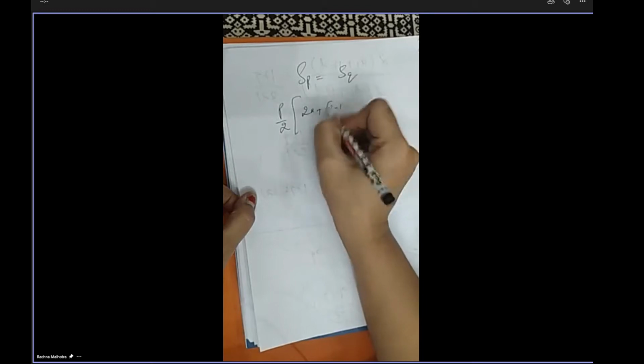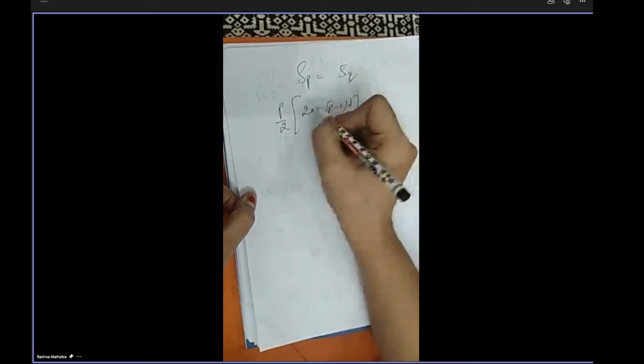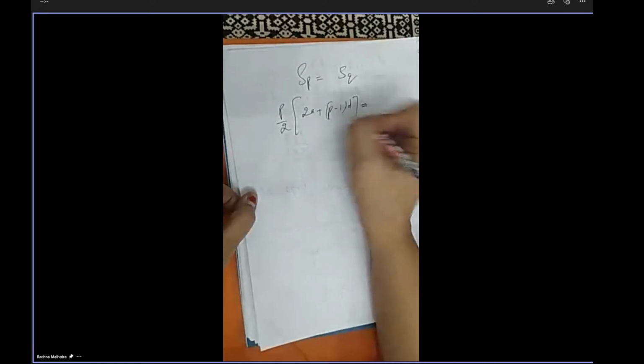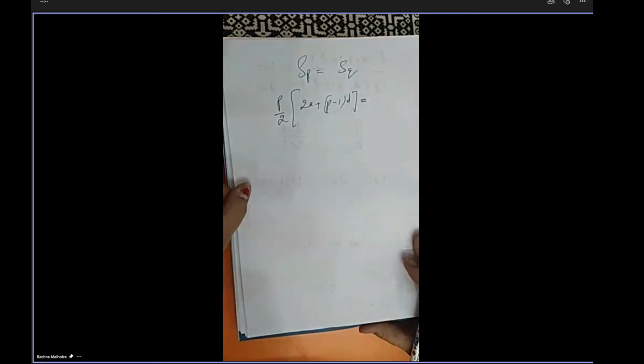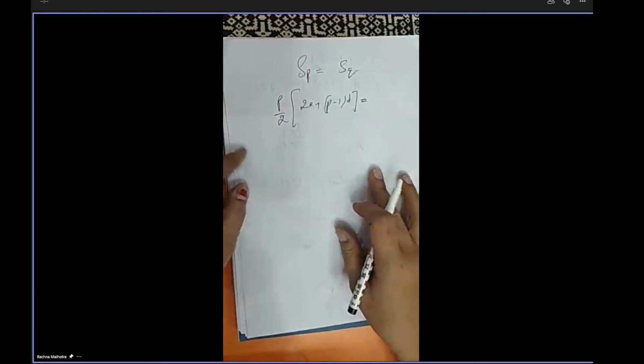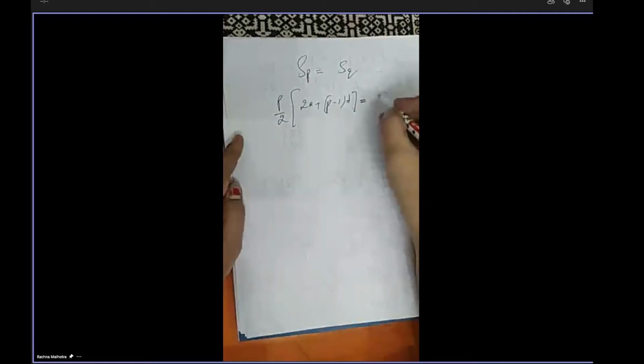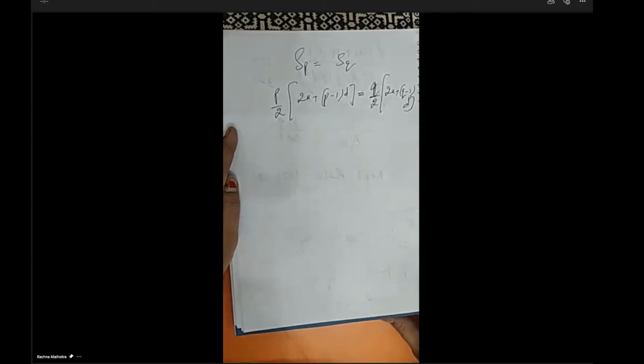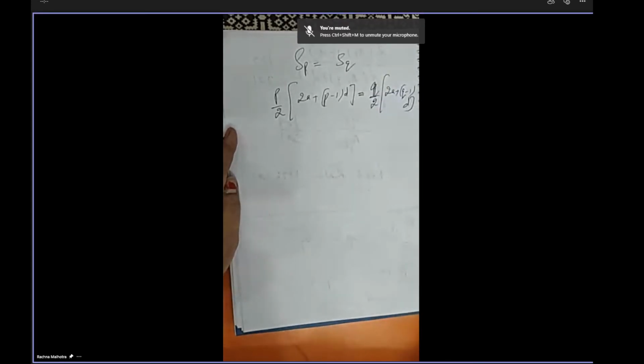Okay. SP is what? Can we write it as sum to P terms, and this is for Q terms: P by 2 into 2a plus P minus 1 d equals Q by 2 into 2a plus Q minus 1 d. What can we cancel here?